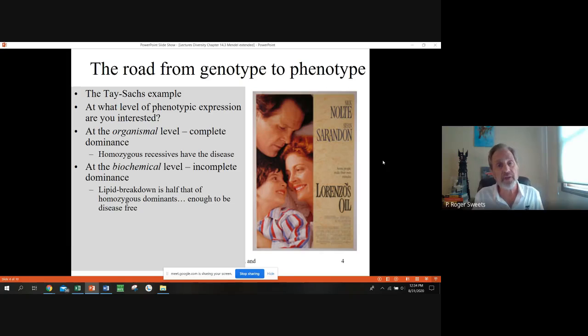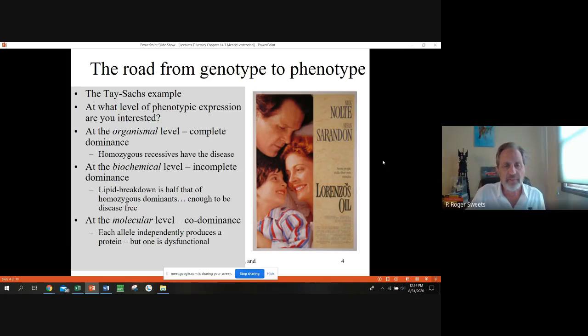But it turns out that that's enough. That will break down the lipid, and the person with the heterozygous condition turns out to be disease-free. So again, looking at the outward appearance, we think of it as complete dominance. The heterozygote shows no sign of the disease. But if we look inside, we see that the enzyme was produced half as much, and that looks like incomplete dominance. It looks blended, halfway in between.